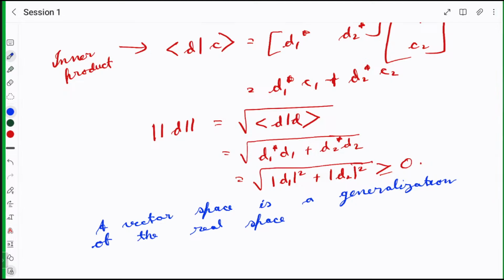Some of the aspects of the rules that were followed in the real vector space have to be followed in this space as well.